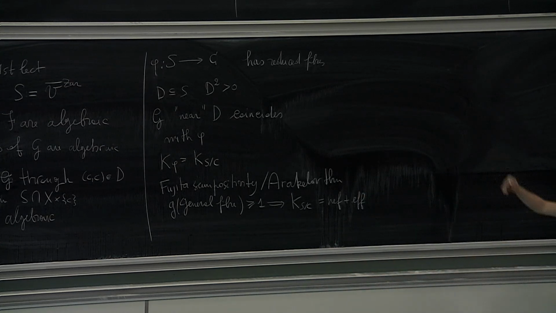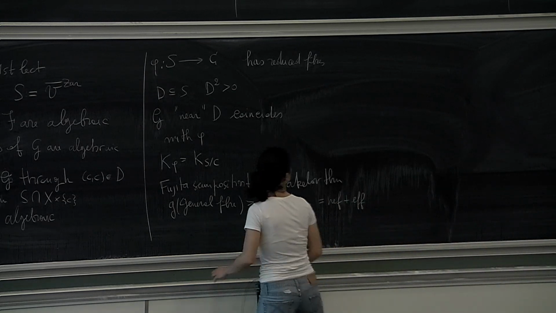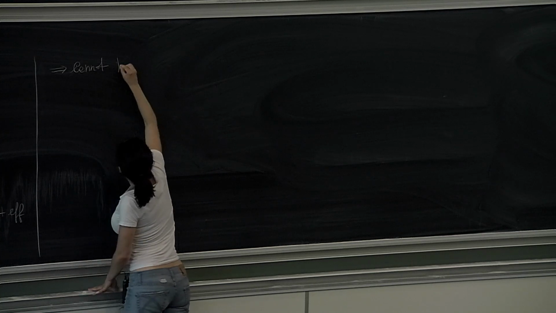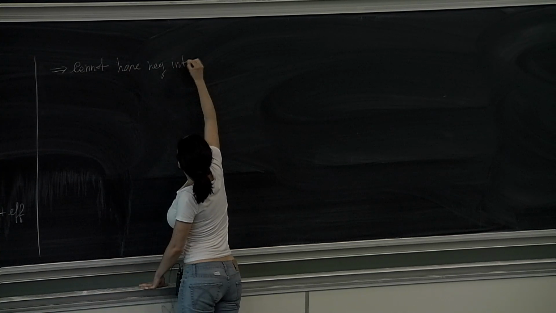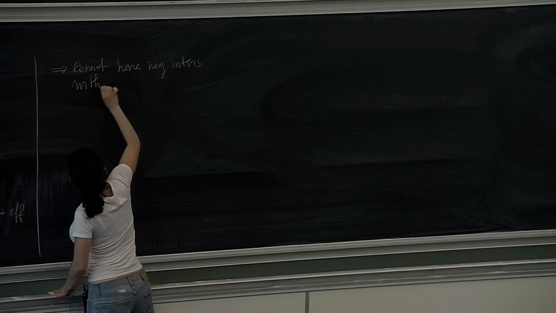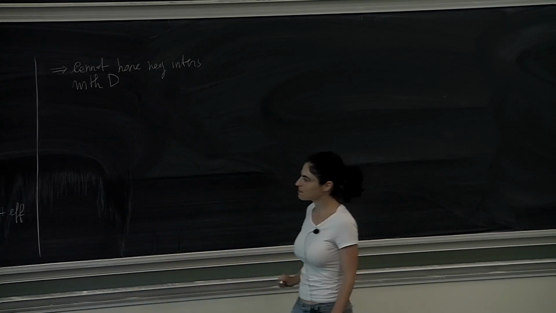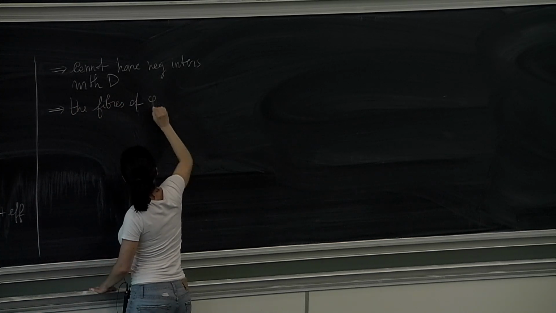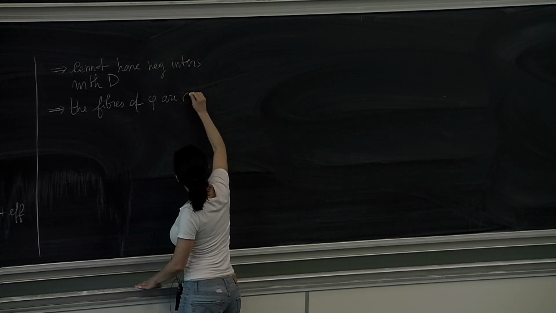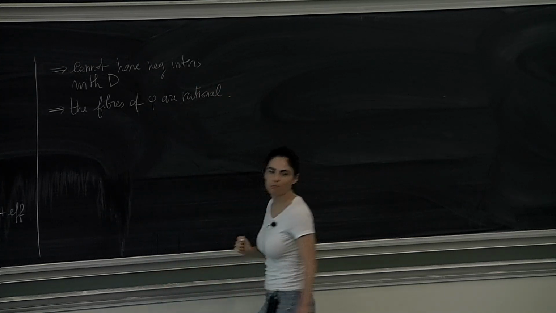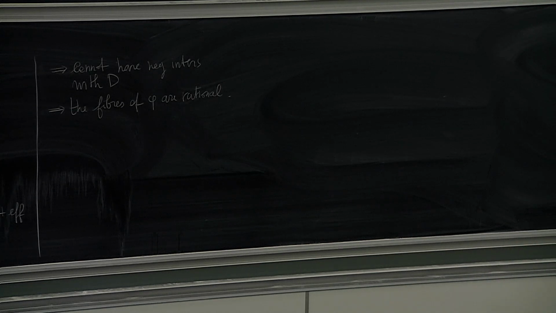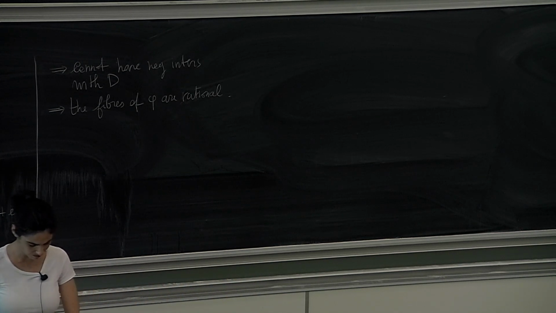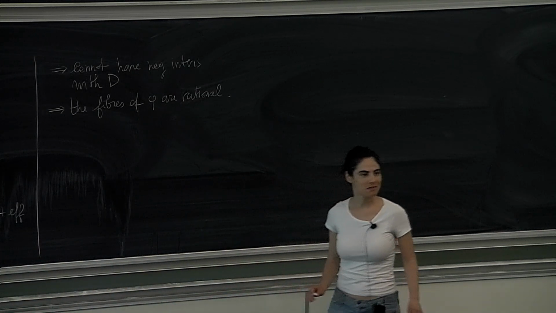So it cannot have negative intersection with D. So the fibers must be rational.